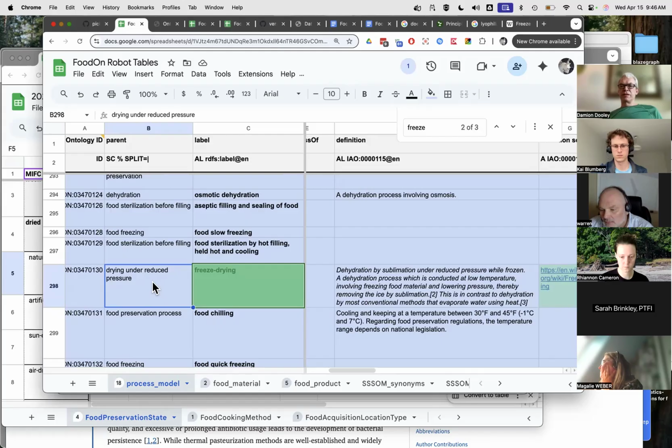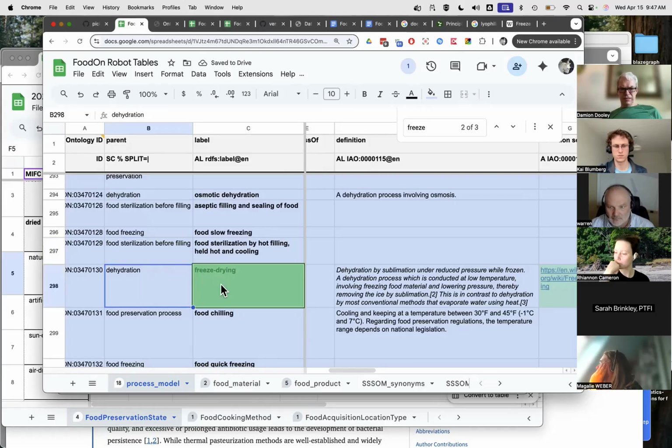Okay. They're playing around with PV equals nRT, right? So they're trying to lower the pressure, lower the temperature, and just get the water out like that. But I think it's both at the same time. Okay. Since it's not necessarily reduced pressure, I'm just going to use dehydration as the parent.